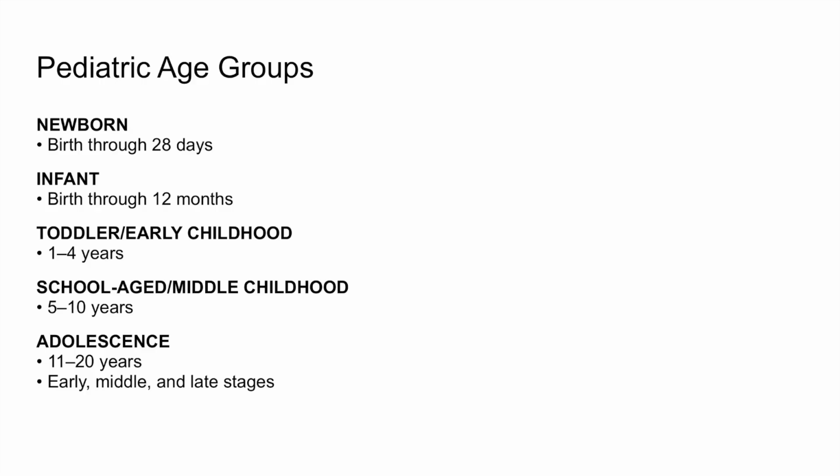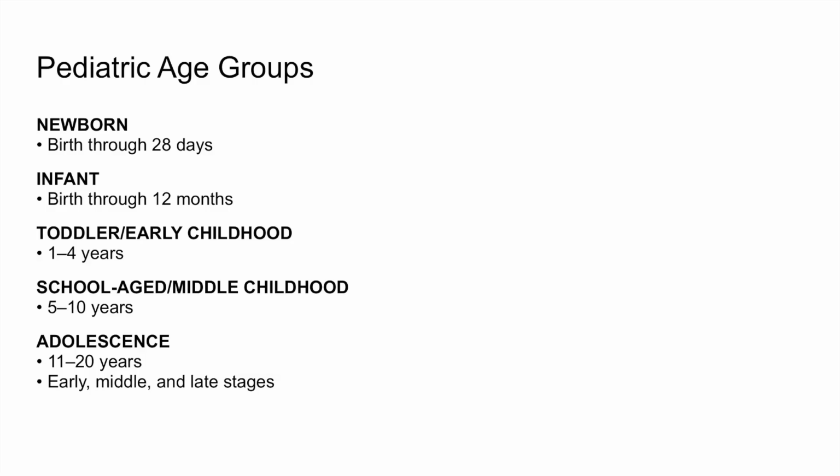All right, so pediatric age categories provide a framework for anticipating changes in physiology, communication, development, and disease patterns. The newborn period covers the first 28 days of life and is also included within the broader infant period, which extends through the first year. Early childhood begins around 1 year and includes the toddler and preschool years when mobility, language, and independence develop rapidly. Middle childhood roughly corresponds to elementary school years when growth becomes steadier and cognitive and social abilities become more structured.